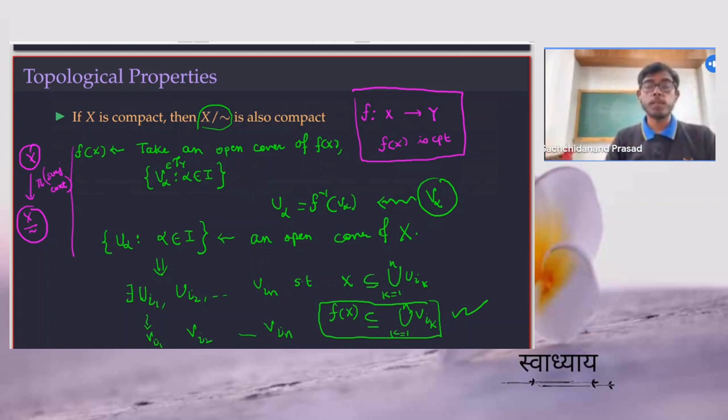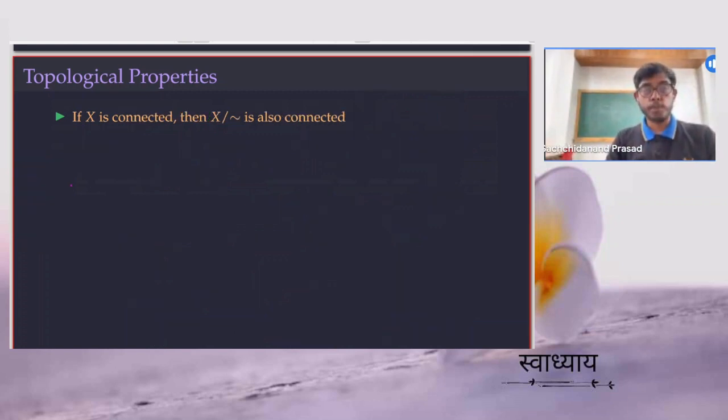So this proves that if X is compact, then X mod tilde is also compact. This is one of the topological properties. I'll also discuss two more properties: connected and path connected. Again, the idea is the same. If f is a map between two topological spaces X and Y, and let's assume it's surjective, otherwise we'll just state the result for f of X, and it is continuous, and let's say X is connected, then Y is also connected.